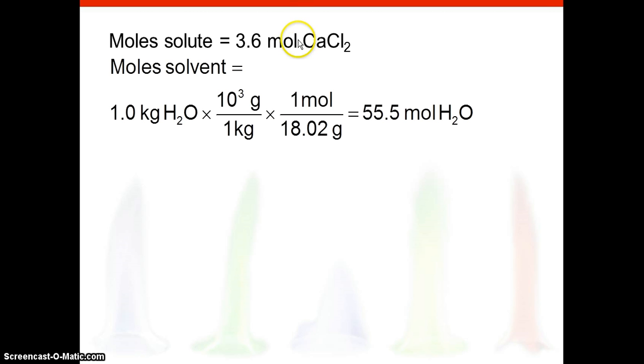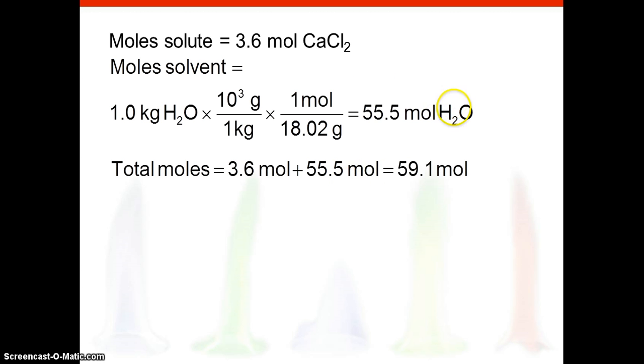So now we have moles of CaCl2 and moles of H2O. Now what are the total moles? We have 3.6 mole CaCl2 plus 55.5 moles of H2O. Total mole is 59.1 mole.